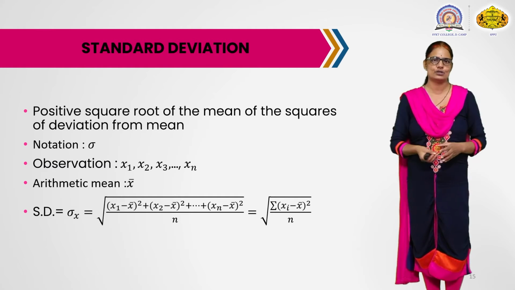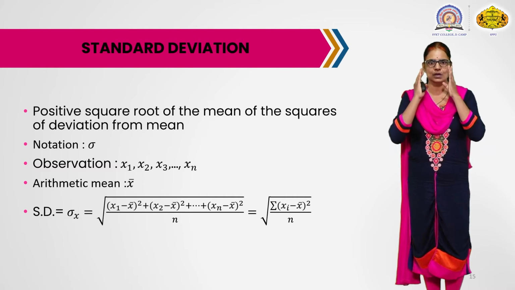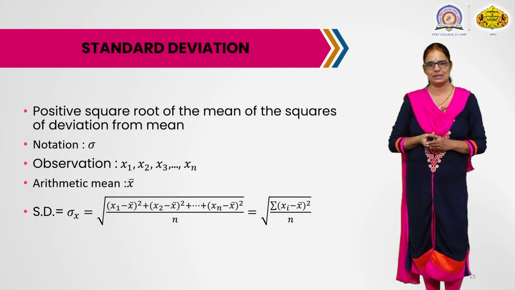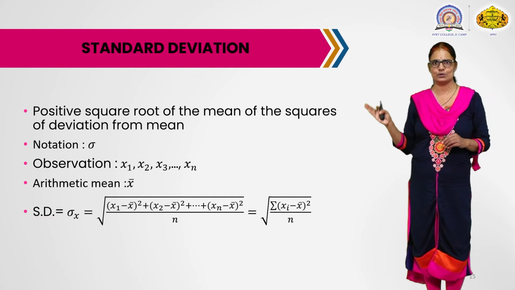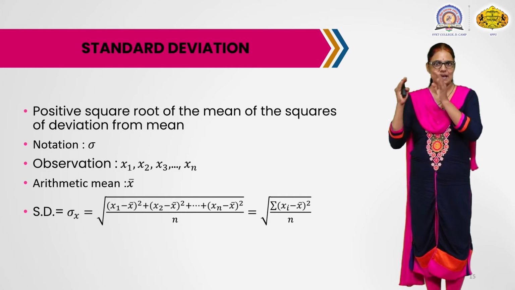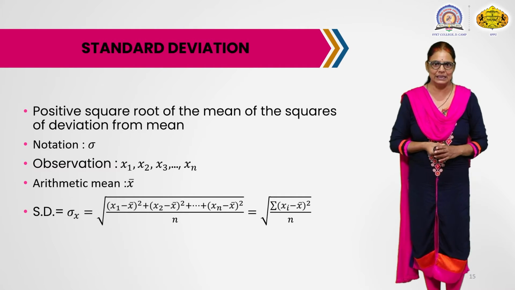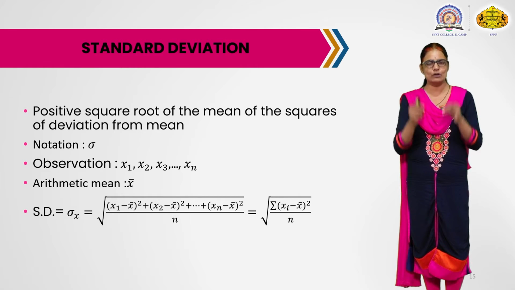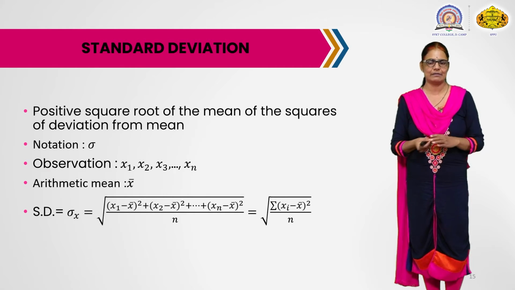According to the definition, sigma x can be written as the positive square root of the mean of the squares of the deviations from the mean. That is, first I have to calculate the deviations of all the observations from the mean, that is x1 minus x bar, x2 minus x bar and so on. Take their squares and take their arithmetic mean, and the positive square root of that is known as the standard deviation.